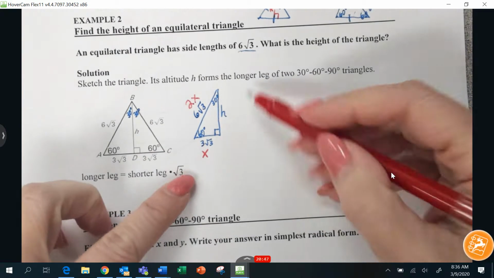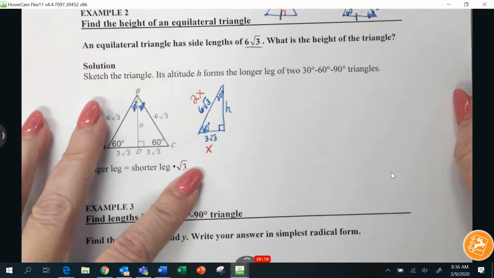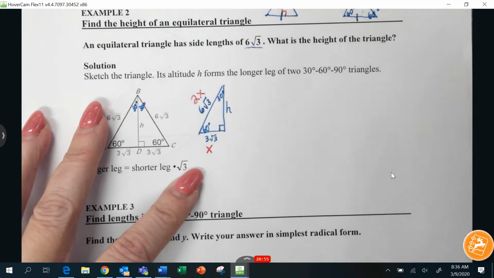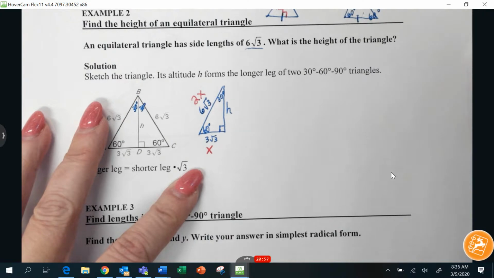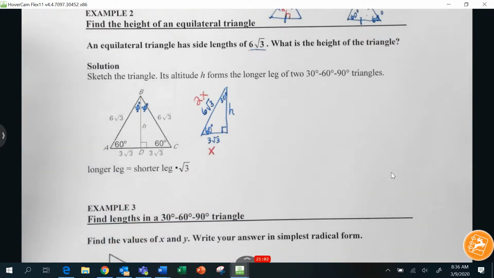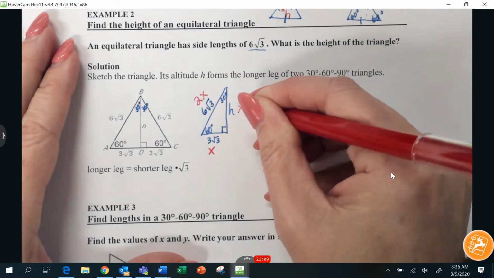So this one has 3 different sides. What am I still missing for my formulas? It's a 1, 2, 3 triangle. John? Formula. Right. So this one's going to be x square root 3.